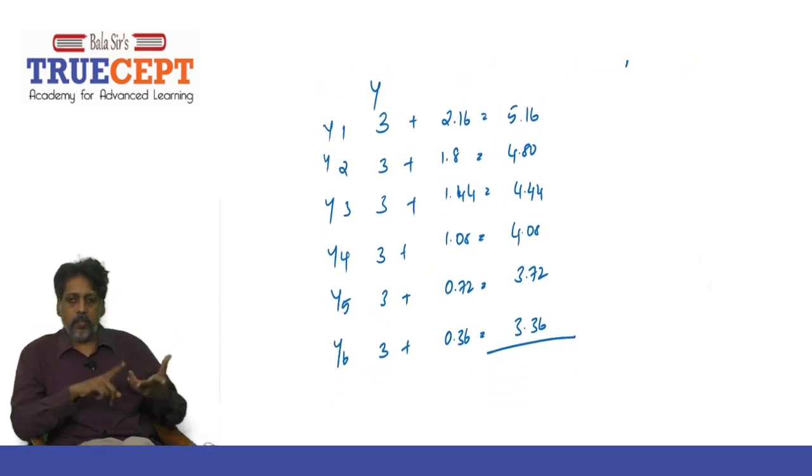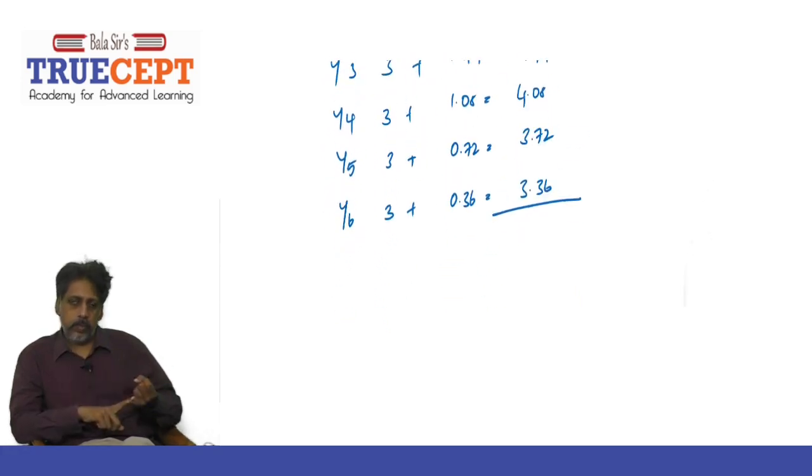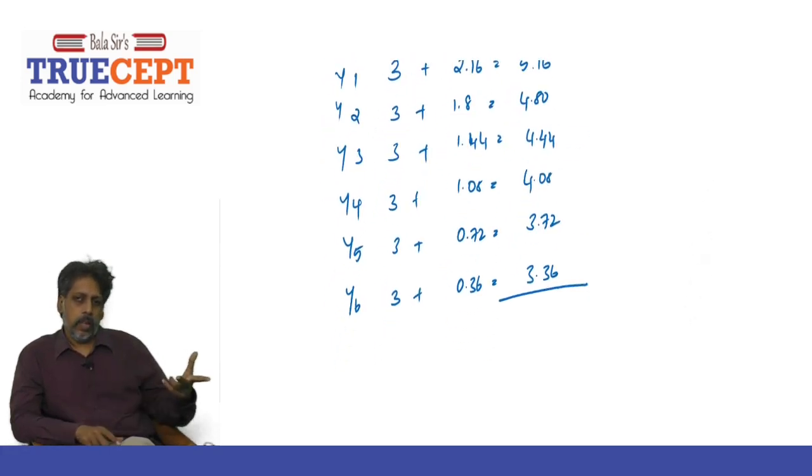I repeat: 5 lakh 16,000, then 4 lakh 80,000, 4 lakh 44,000, 4 lakh 8,000, and then 3 lakh 72,000 and 3 lakh 36,000.